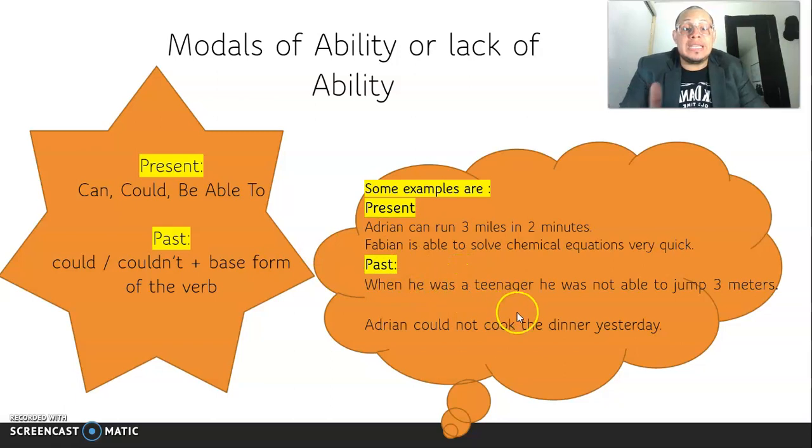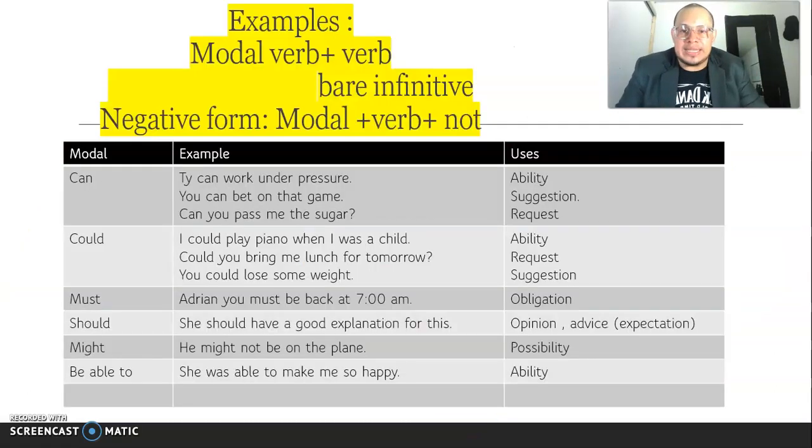When he was a teenager, he was not able to jump 3 meters. That's an example of modal verbs used in the past. Another example of modal verbs used in the present: Adrian can run 3 miles in 2 minutes. I don't think that's going to happen. However, I'm pretty sure you can use that sentence expressing something like that in the present tense.